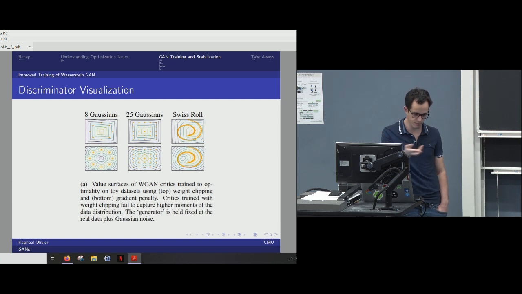Your entire function is a bunch of segments that are just concatenated with each other, and it gives you weird squares like this, even though you are trying to produce points or spirals. So here, for example, you try to approximate a spiral with a square, which isn't great, while the WGAN-GP critic gets something that's significantly better. You get much closer intuitively to a spiral here and much closer to a point here.